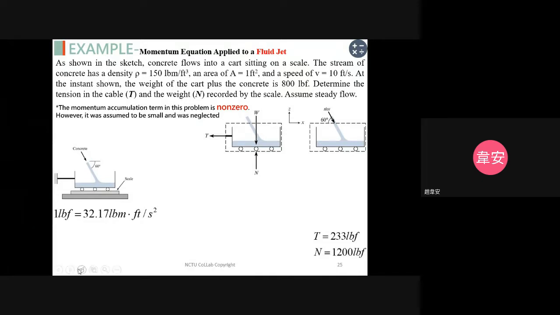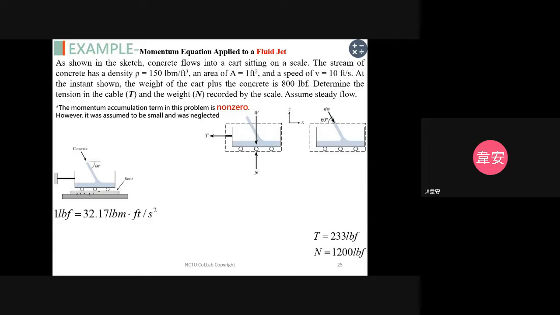For the second exercise, the topic we have discussed is the fluid jet. As shown in the cartoon figure, concrete flows into a car sitting on a scale.